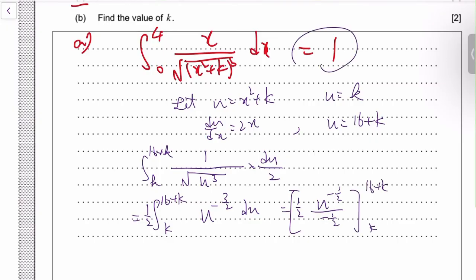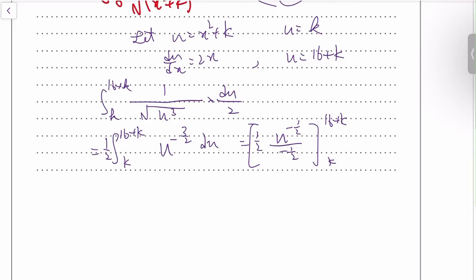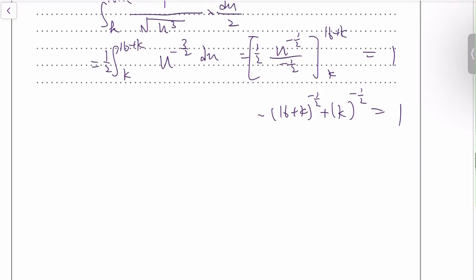Well, remember this is all equal to 1, okay? So the half cancels out. So it's negative u, minus negative, put k in. That equals 1. So what's that?